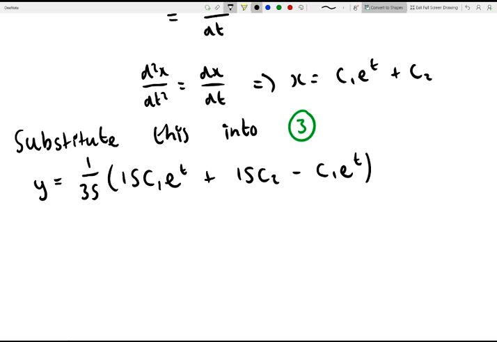So that's where we've actually had to differentiate our x and substitute it into equation 3.